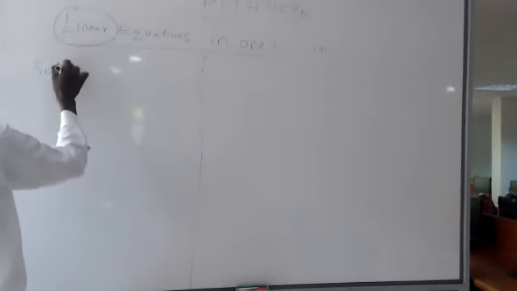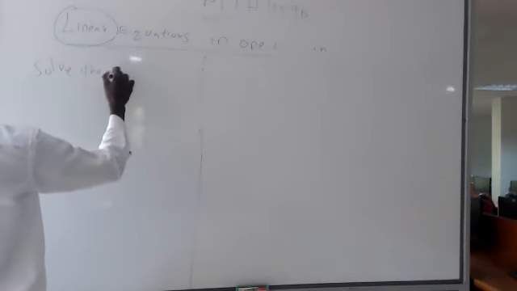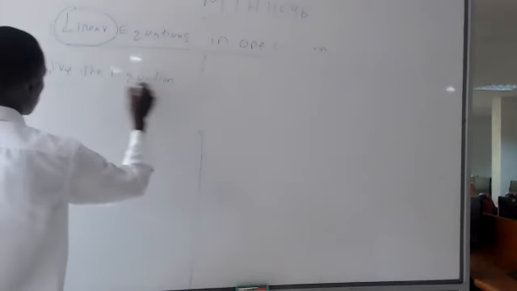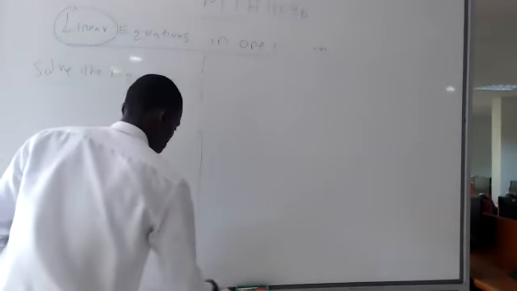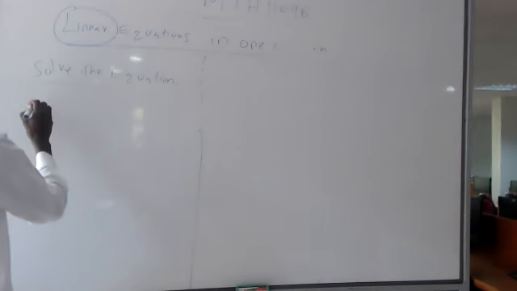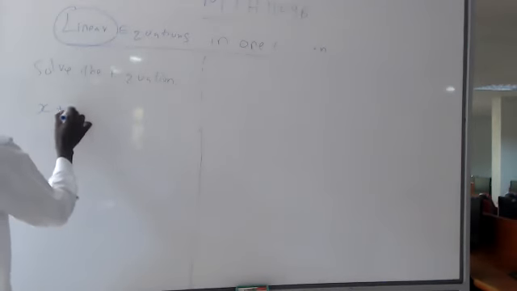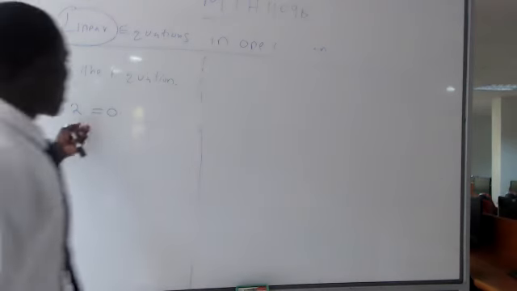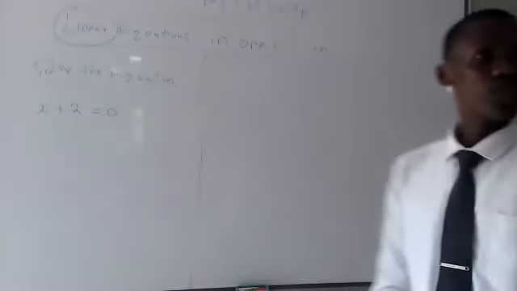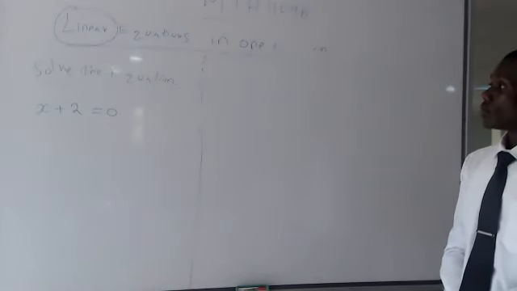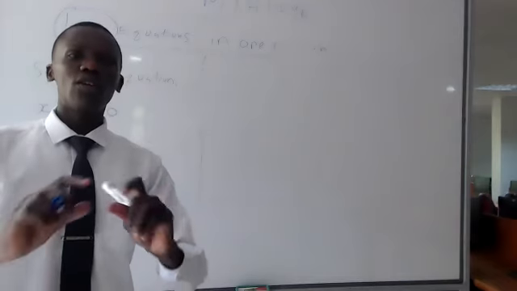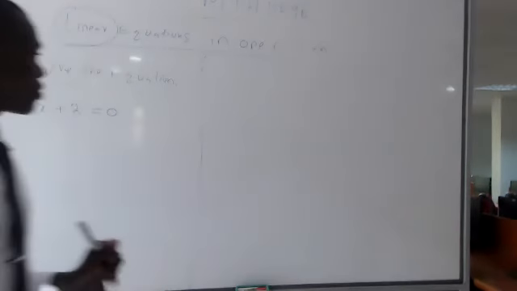Examples. Solve the equation. Let's start with a simple thing: x plus 2 is equal to 0. How do you solve the equation x plus 2 is 0? Remember, we're using two rules. We need to add the same term on both sides or multiply both sides by a non-zero term.